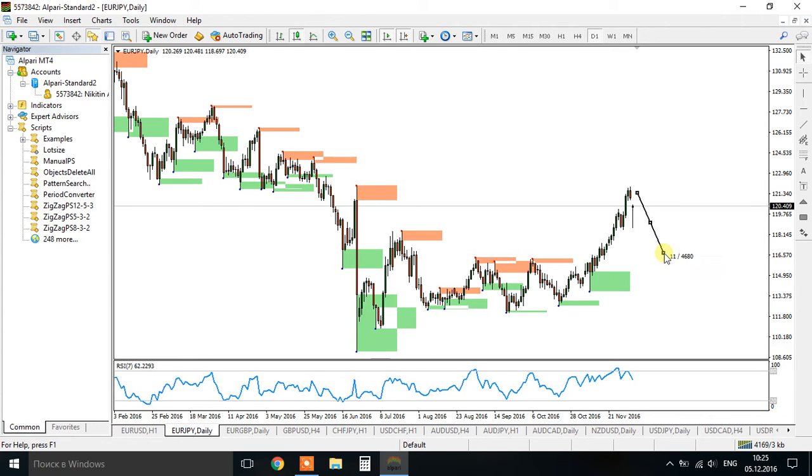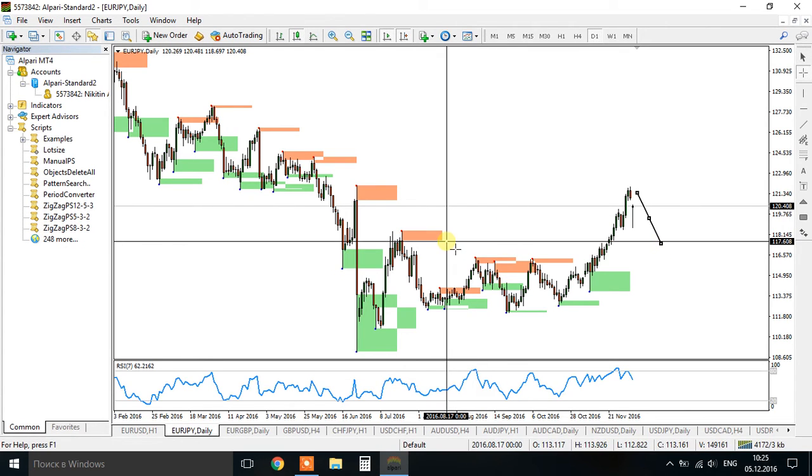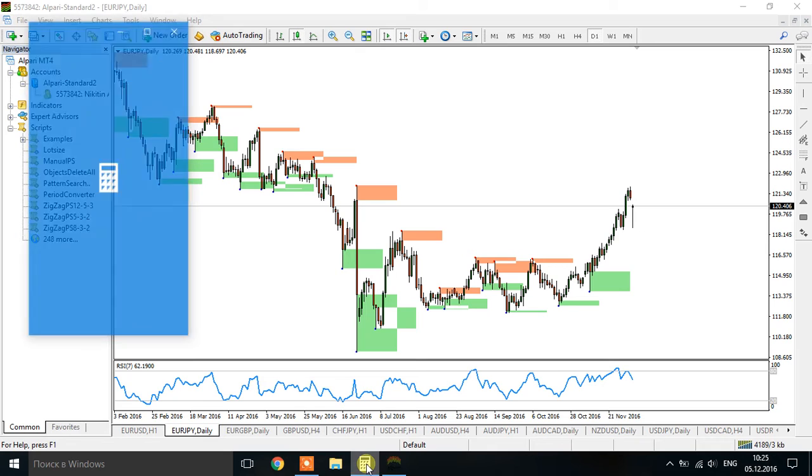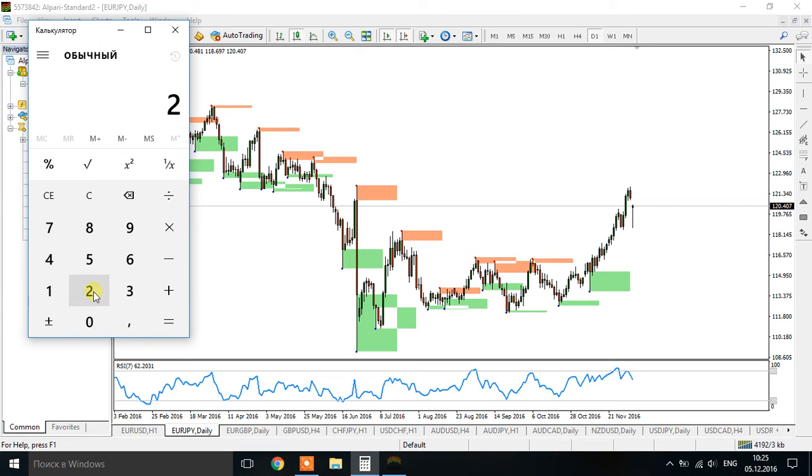Maybe a correction back to the broken support level before we go to the upside, but it doesn't matter. My idea is that according to the market structure, we will most likely move to the downside. So if we have a higher time frame structure, we have 2 points.